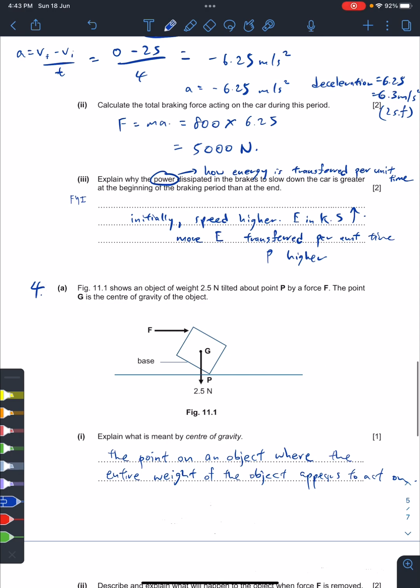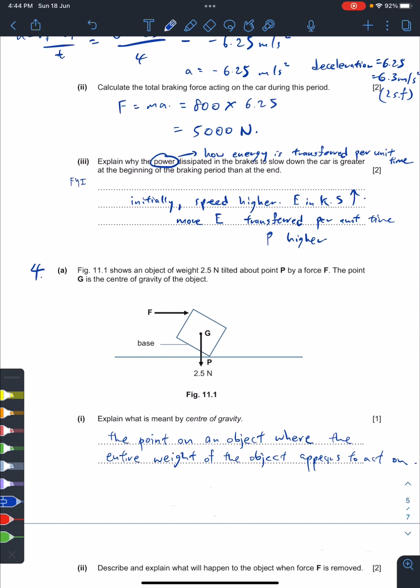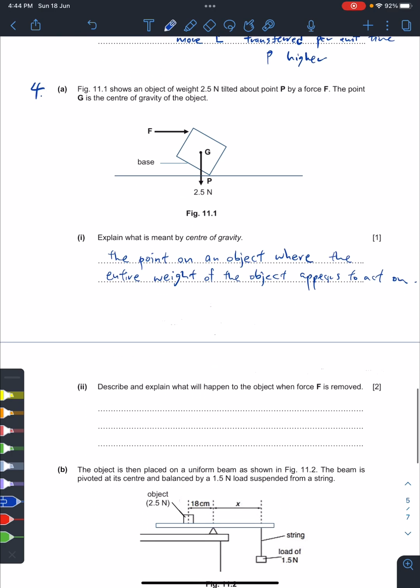Okay, next one. Center of gravity is a pretty standard definition, along with velocity, along with principle of conservation of energy, principle of moments. These are some standard things that I have to ask. So, center of gravity definition is a point on the object where the entire weight of the object appears to act on. So what happens?